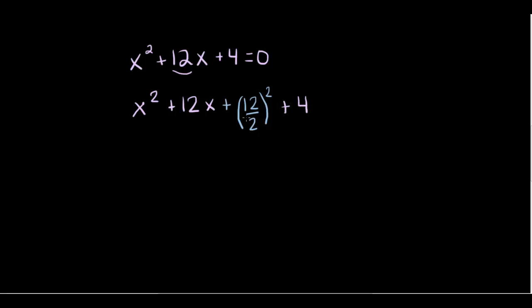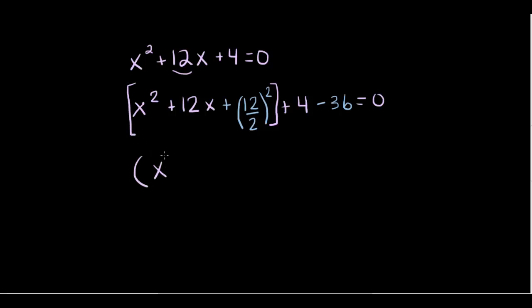And since I do not want to change the value of the equation, I have to take away what I added. So what I added was 12 over 2 squared, which is 6 times 6, which is 36, so I have to subtract 36. And then this equals 0. So I'm going to put a little bracket here.